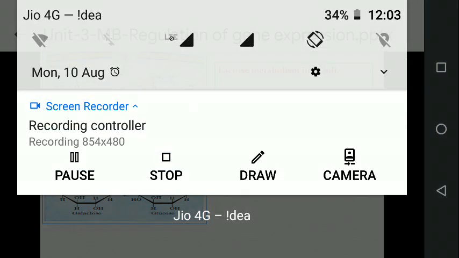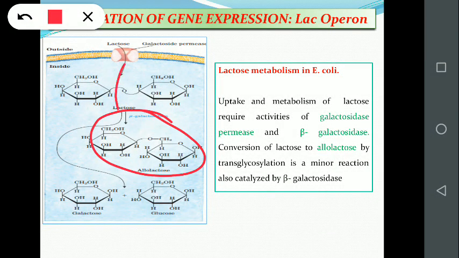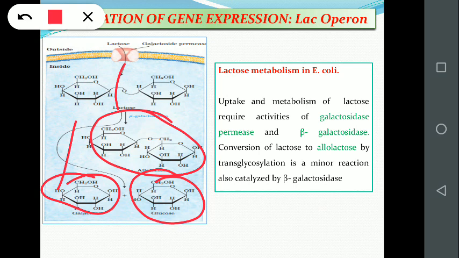In fact it should break this glycosidic bond and form galactose and glucose from the lactose, but because of the small quantity of beta galactosidase, it converts the lactose to allolactose.